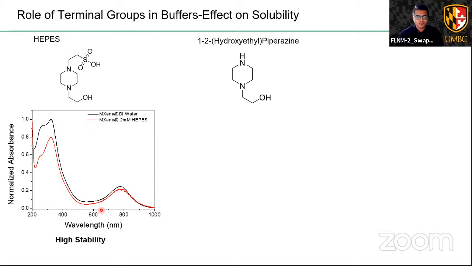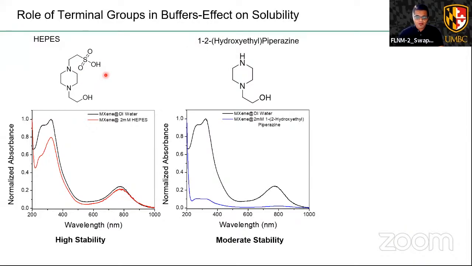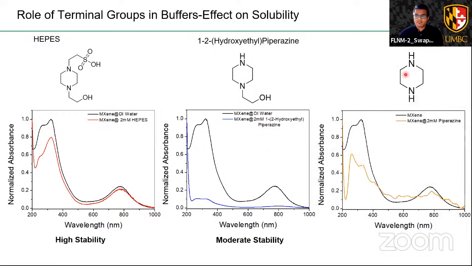But when we have a molecule that does not have the sulfonic acid group, in this case we see this peak going down drastically, but this is still moderately stable. It doesn't really aggregate. Now, in case of a molecule that does not have any of these groups, it actually tries to destroy the structure of MXene, leading to aggregation in this case.